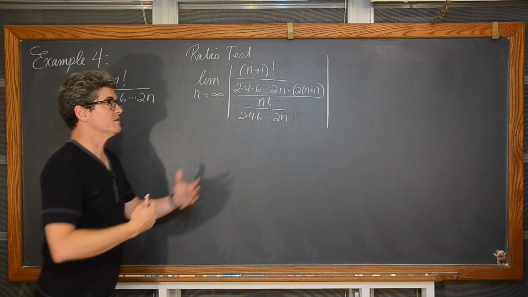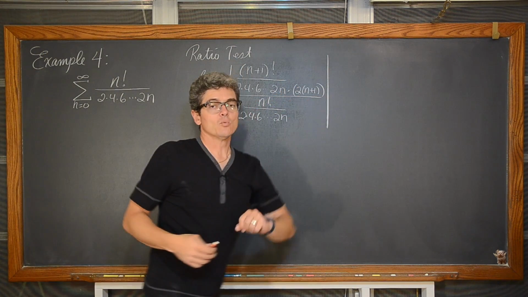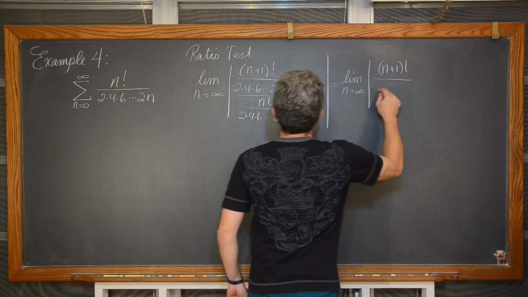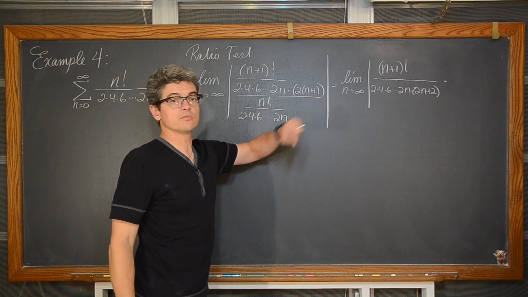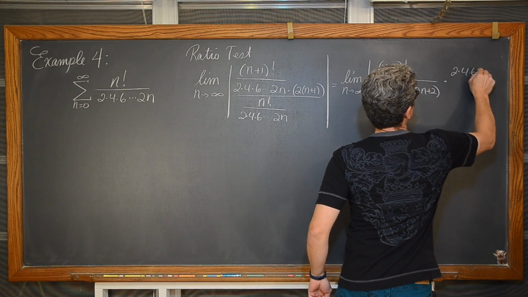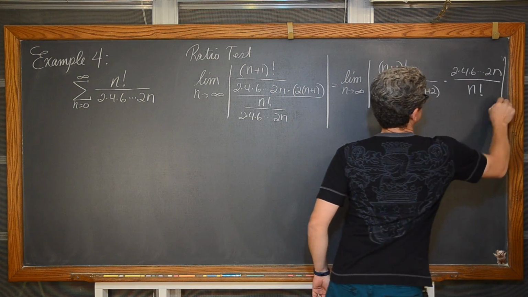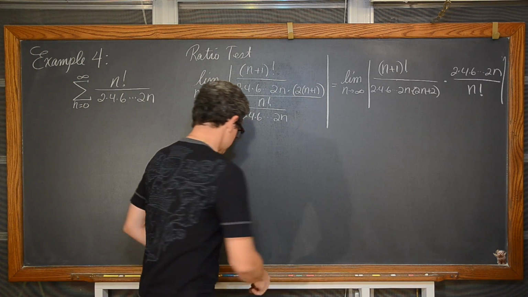Again, the simplification of all these ratio test problems is very similar. We're going to multiply by the reciprocal of the denominator. We're just going to distribute that 2 through there. And a lot of things are going to cancel out here.